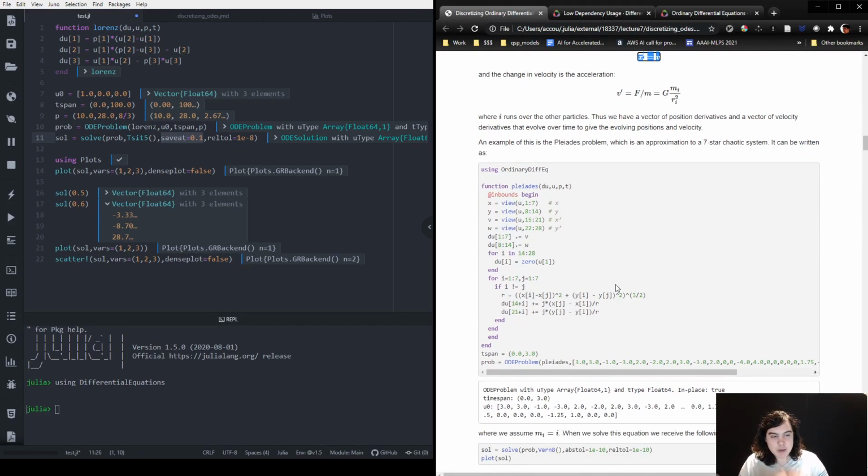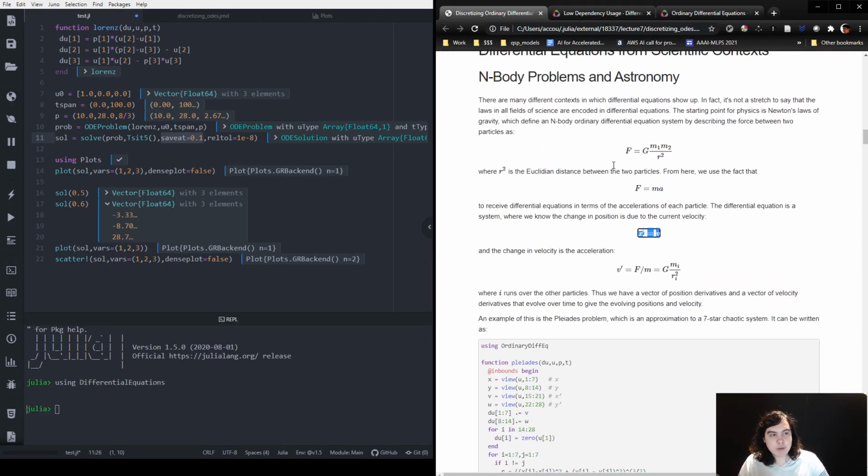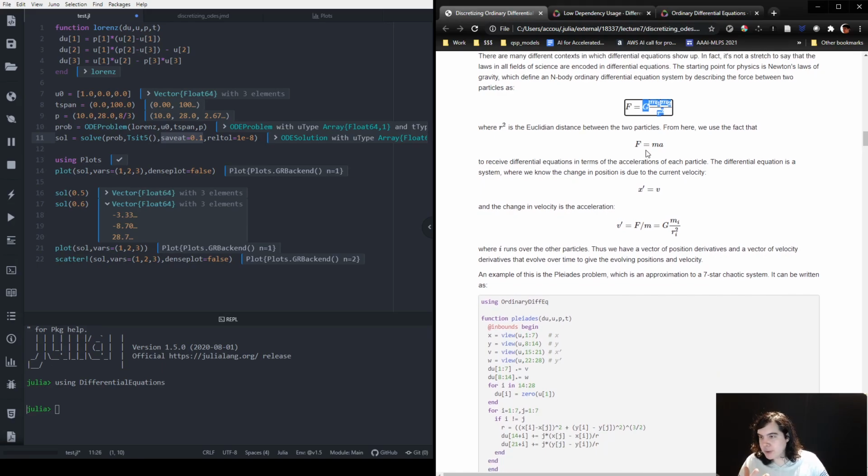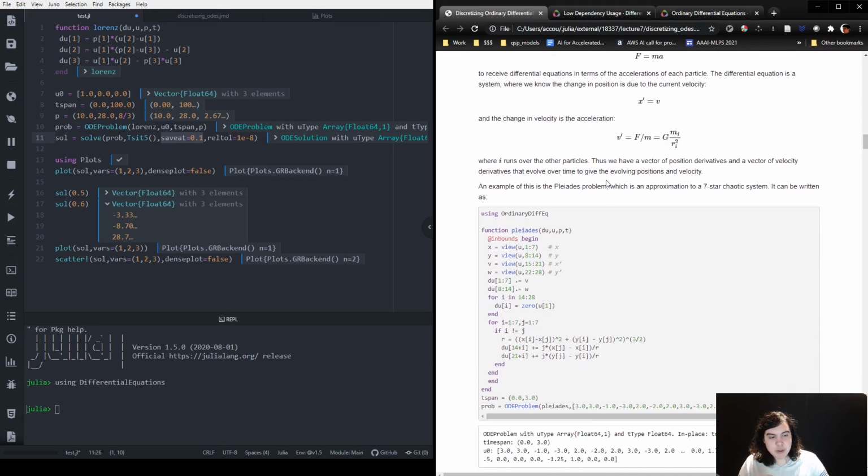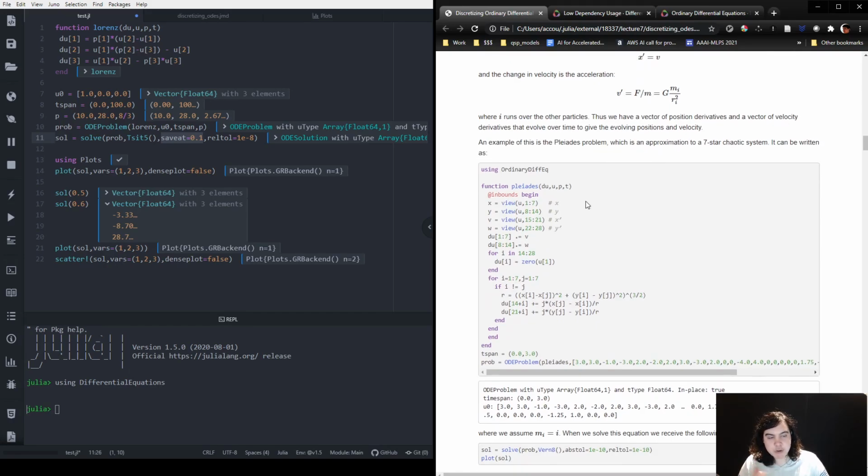You write down the equation for the stars: each of the stars has a gravitational pull to each other, so all you need to know is the mass of each of the stars and their initial velocities and their initial positions.